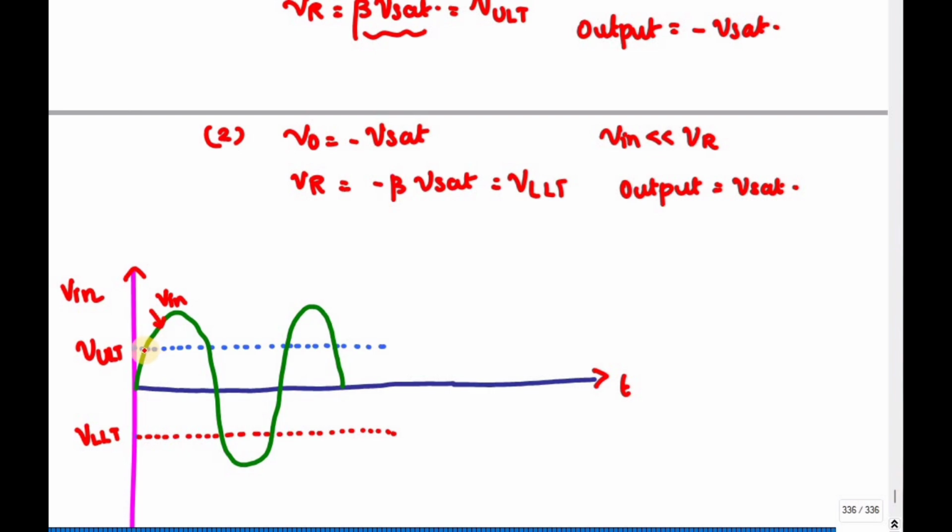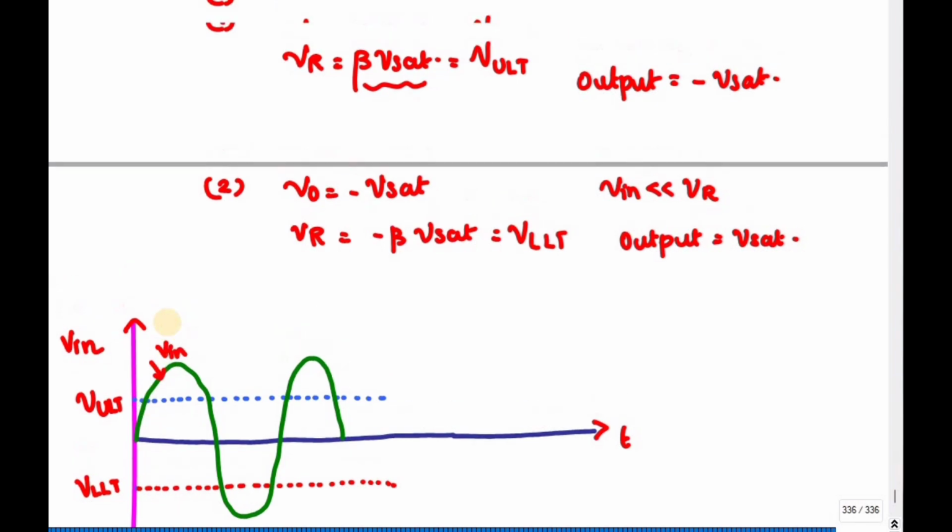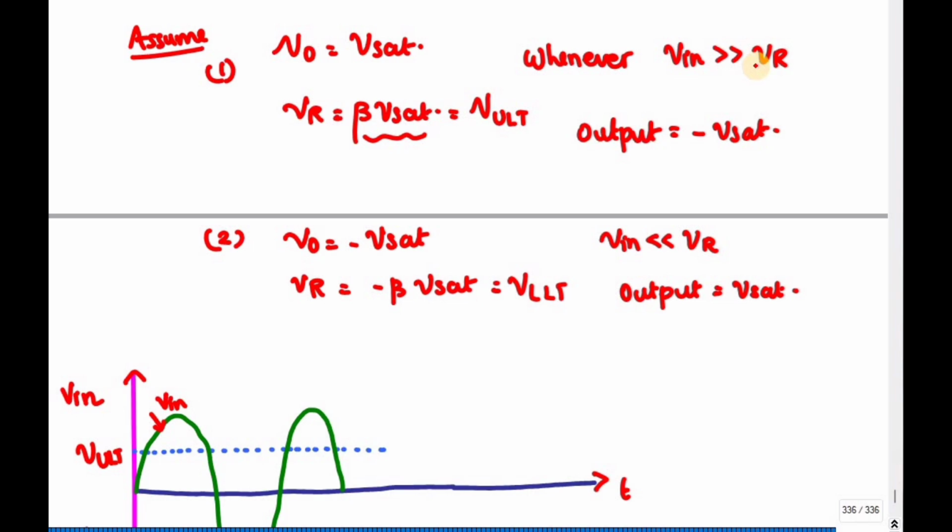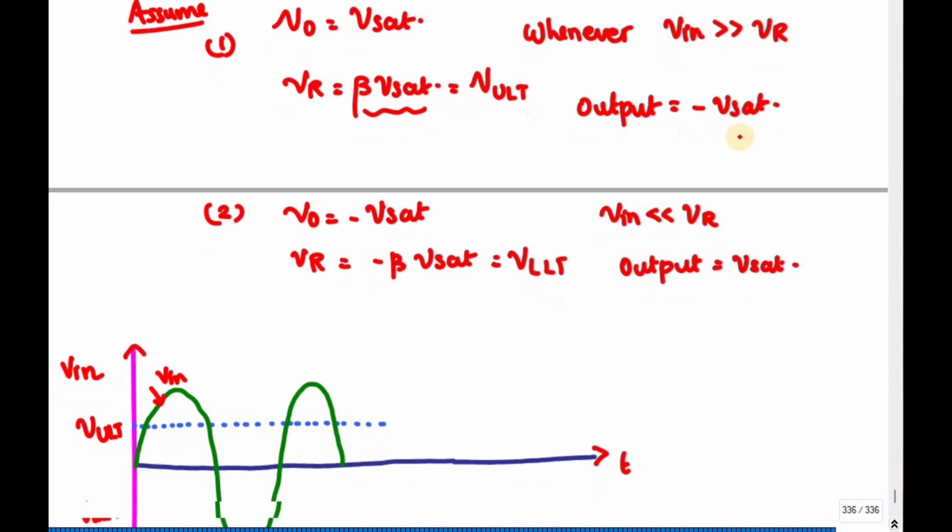Now we can see after this point, my Vn is greater than Vr, right? So the output goes to minus Vsat.